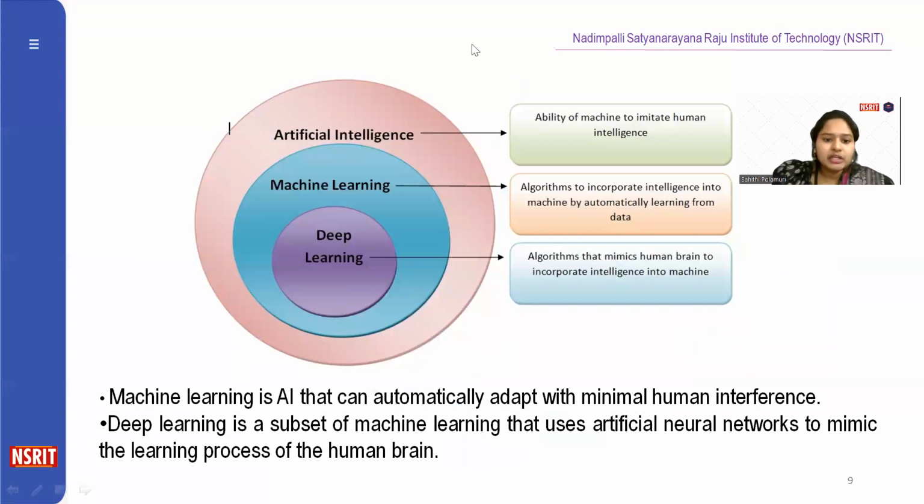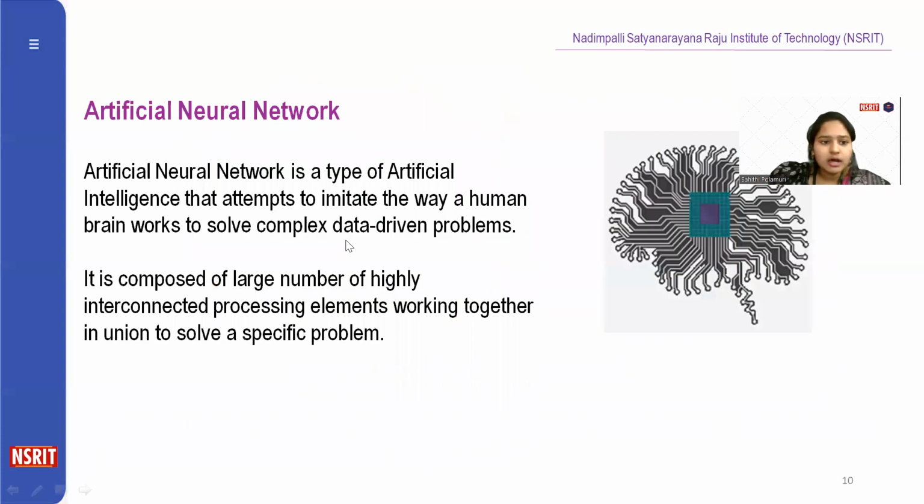The main difference is that machine learning is a part of artificial intelligence that can automatically adapt with minimal human interference, while deep learning is a subset of machine learning that uses artificial neural networks to mimic the learning process of a human brain to solve complex problems. So, what are artificial neural networks?